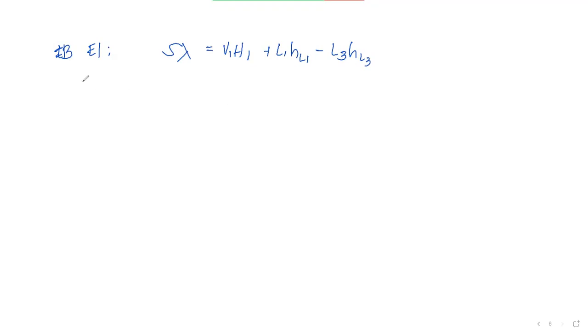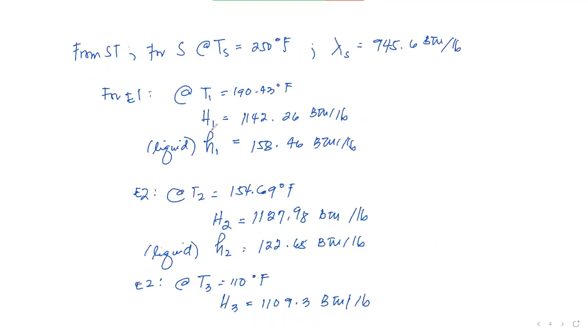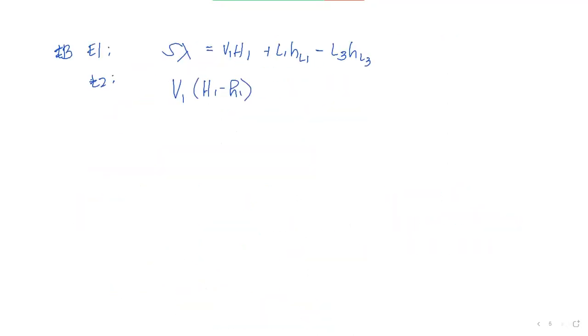So you'll have in the second effect energy balance, V1 times H1 minus small h1, because the vapor that you use as heating medium in the second effect will also be condensed to liquid. And as such, you need to subtract its saturated liquid enthalpy, which I represented as small h sub 1 in here. Okay, this refers to the saturated liquid enthalpies based on the temperature.